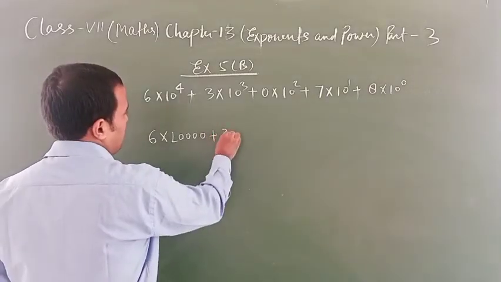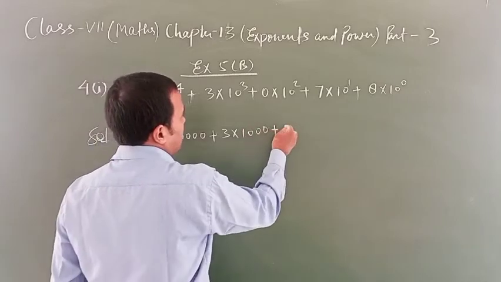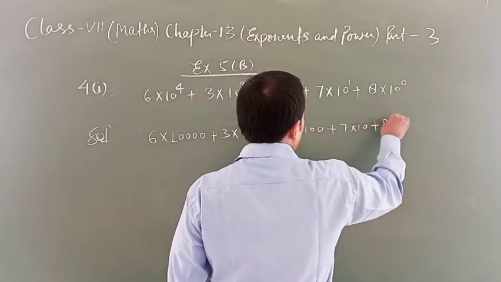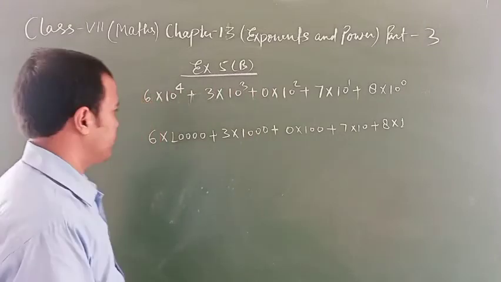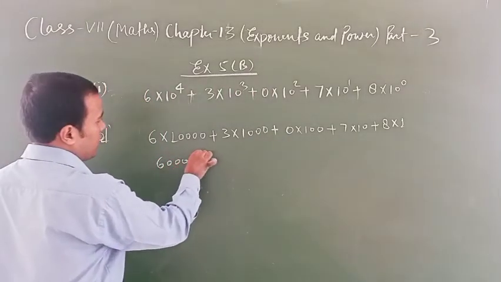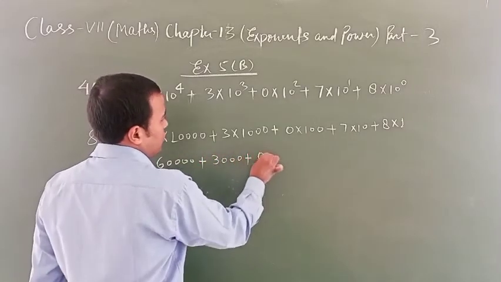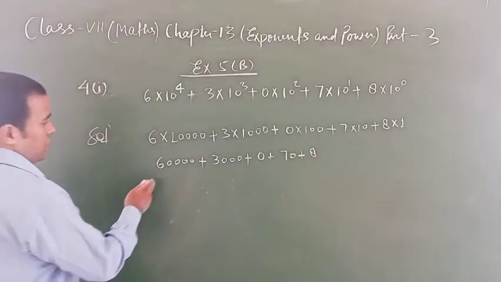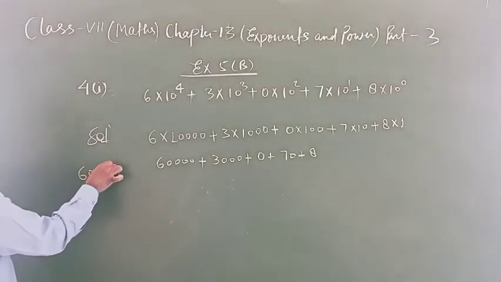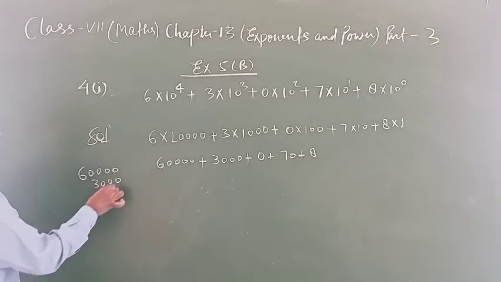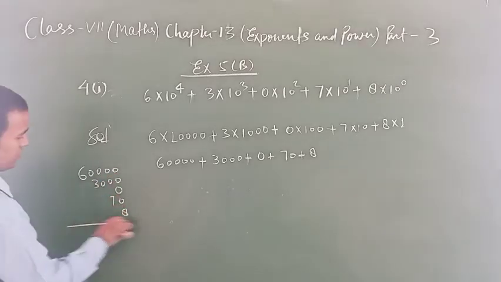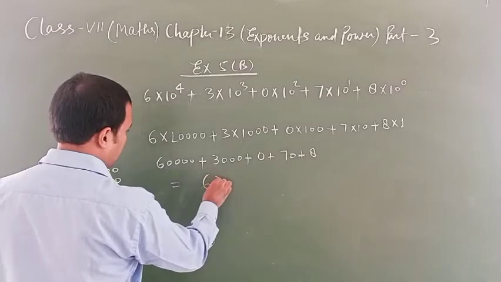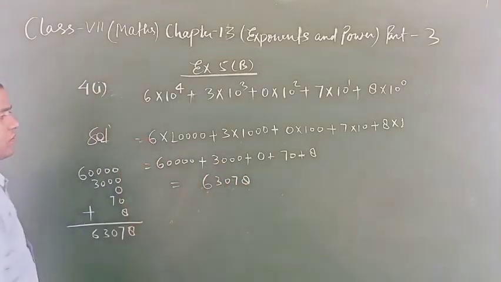Plus 3 into 10 to the power 3 means 3000, plus 0 into 10 to the power 2 means 0, plus 7 into 10 means 70, plus 8 into 10 to the power 0 means 8. Clear? So 60,000 plus 3000 plus 0 plus 70 plus 8 means 63,078. Okay, it is the answer.